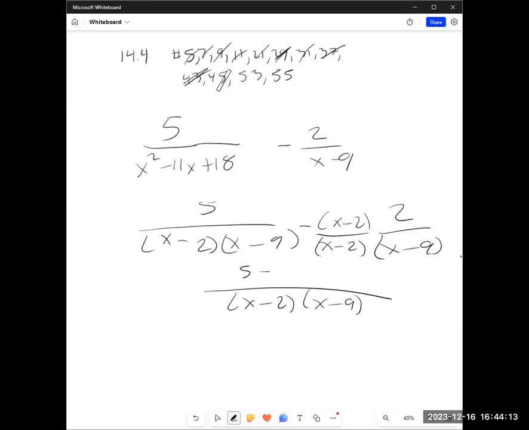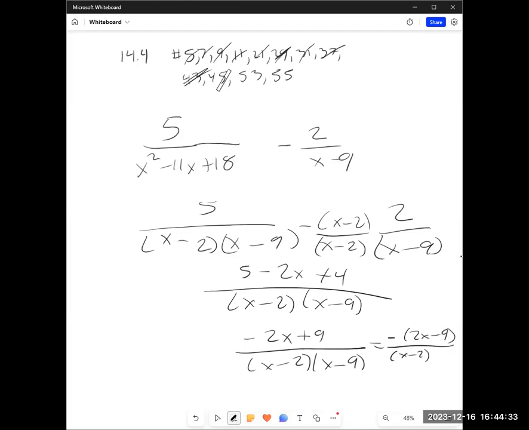This is 5 minus 2x plus 4, which is negative 2x plus 9 over x minus 2, x minus 9, or a negative 2x minus 9 over x minus 2, x minus 9. Something like that, one of those two things, to show that you know that there were no common factors to cancel anymore by factoring it completely.